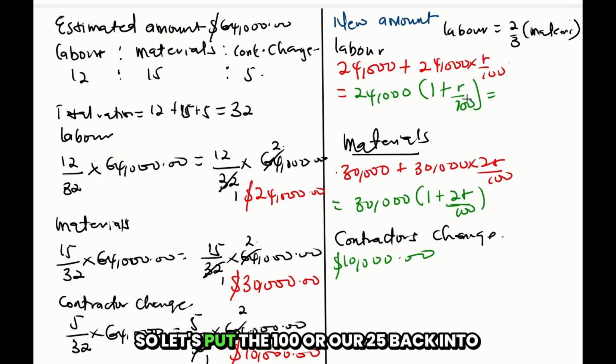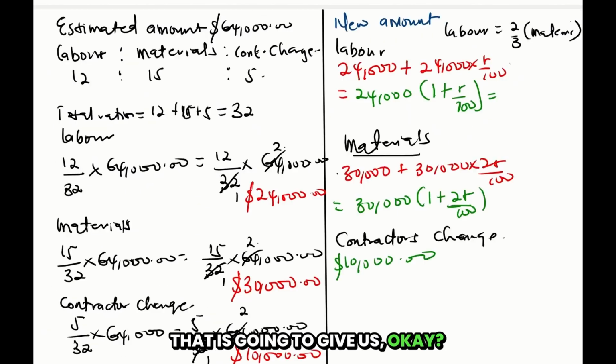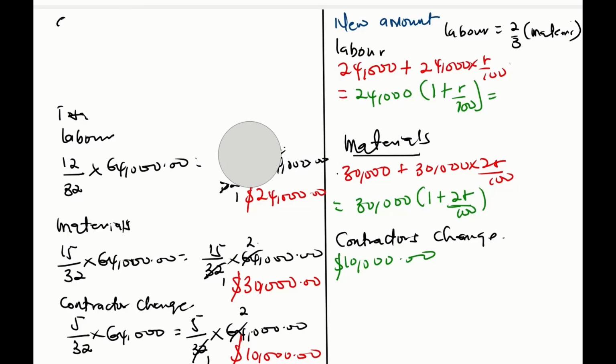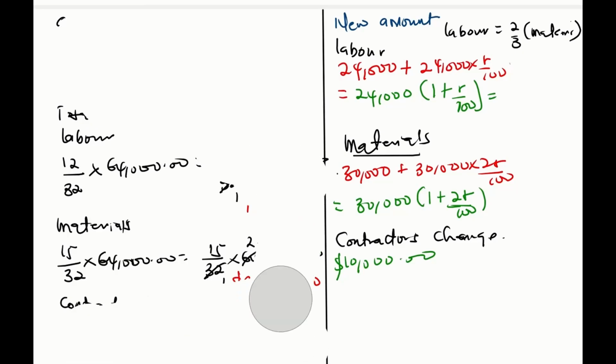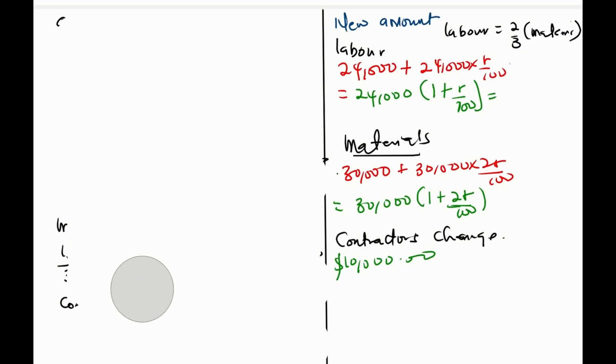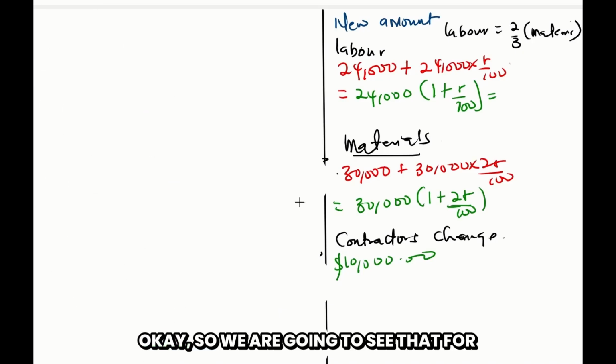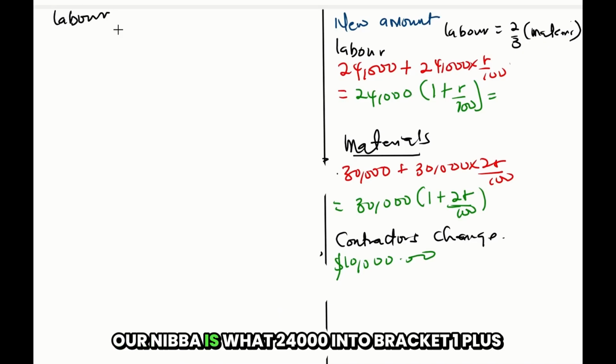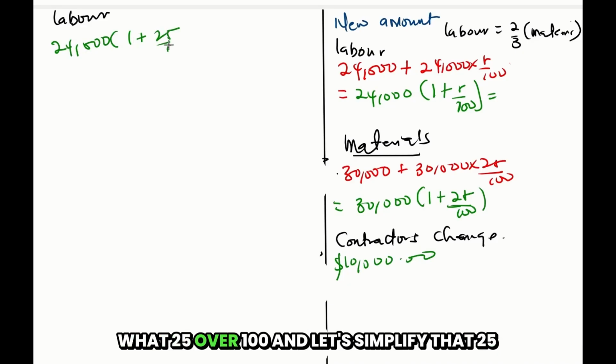So let's put our 25 back into the R. So we are going to see that for our labor it is 24,000 into bracket 1 plus 25 over 100.